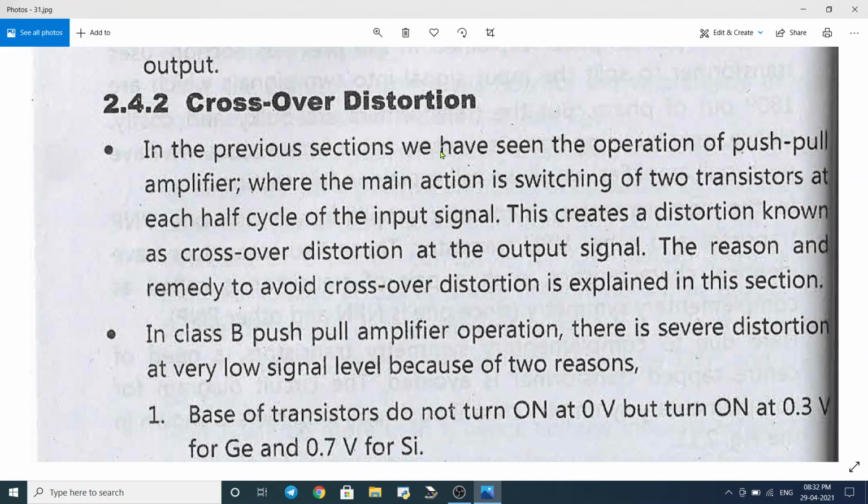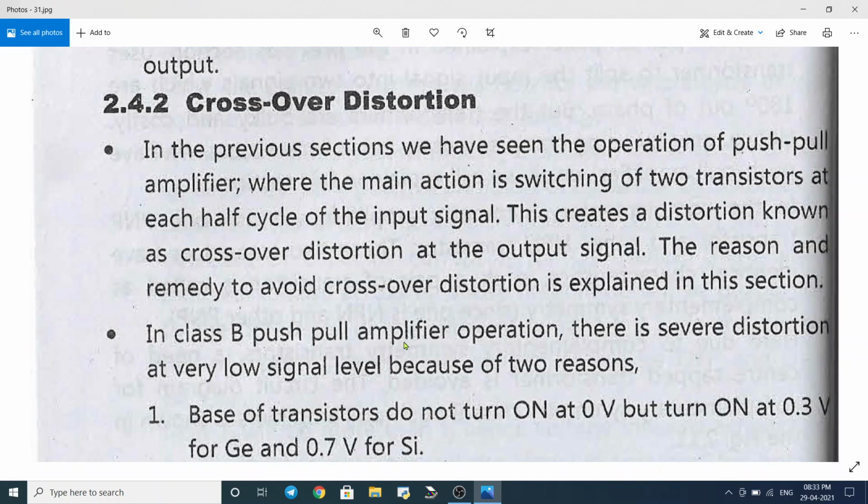And we have seen the harmonic distortion in case of class A power amplifiers. Now, crossover distortion occurs in case of the class B push-pull power amplifier.